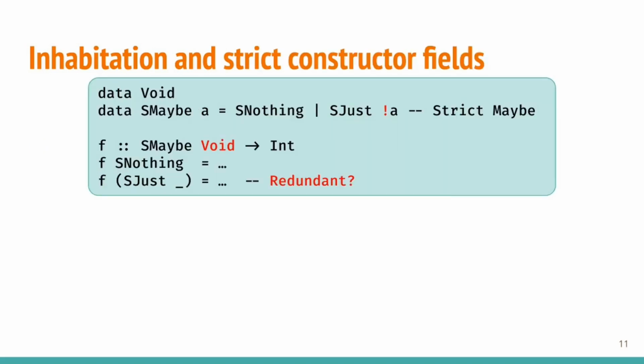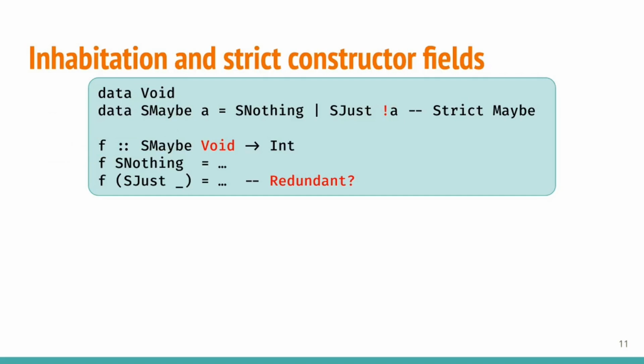Now that we have void, we can combine it with strict fields. Here is a strict maybe data type, as you can tell by the strictness annotation on sJust's field here. Whenever sJust is constructed, its field needs to be evaluated first. The function f here matches on smaybe of void. Question: is the second clause of f redundant or not?